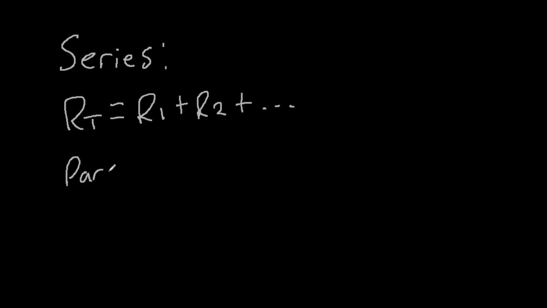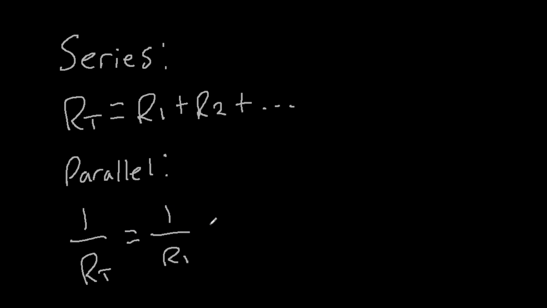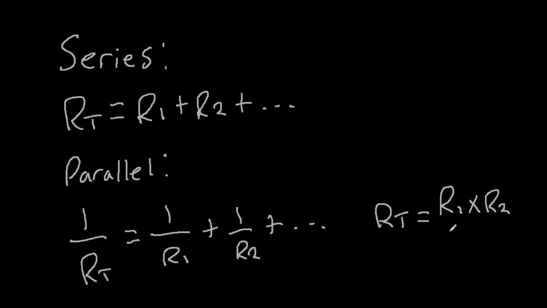For a parallel connection of resistors, it may be summed up like this: 1 over RT, the total resistance, is equal to 1 over R1 plus 1 over R2 plus however many there are. There is also another method to solve parallel connections, and that's product over sum. Say there are two parallel resistors, you could also solve it as the product of R1 and R2 over the sum of R1 and R2.